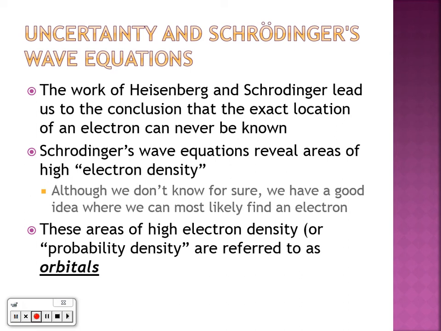Let's finish this up. These areas of high electron density or high probability density we refer to as orbitals, right? They're not orbits like Bohr said, they're orbitals. They're kind of the location of electrons, okay? Is that good with where that name comes from?